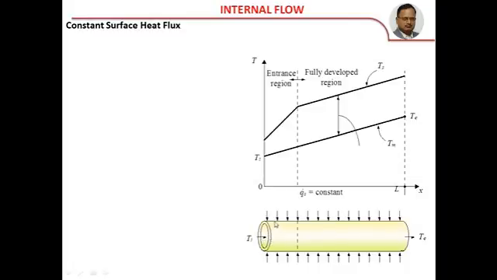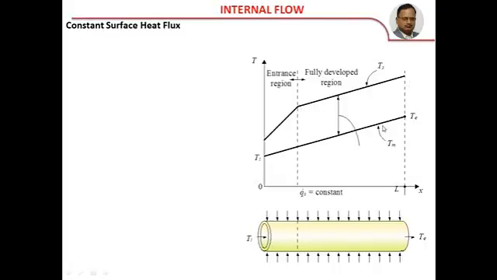Heat flux is supplied continuously the same, so as the fluid flows, at the inlet the fluid temperature is low, so more heat will be taken up by the fluid. As it proceeds, the temperature of the fluid increases, so it takes less and less heat, therefore the wall temperature increases.